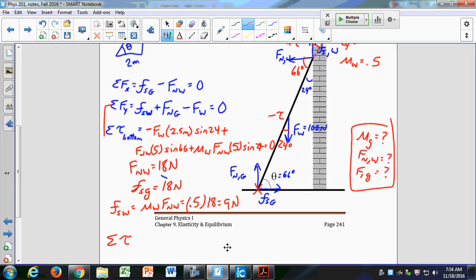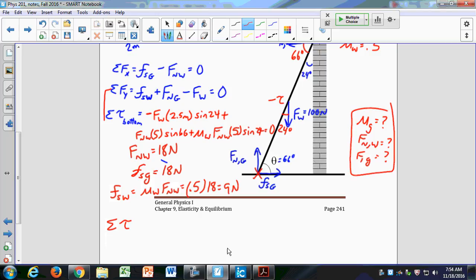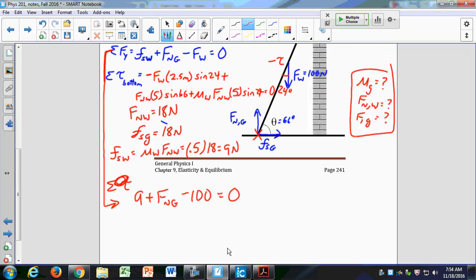All right, so that's our FSW. Now we're still looking for mu G. Well, I still have to find FNG. And so now I know that since I know the sum of the forces in the y is this, I can say 9 plus FNG minus the weight, which is 100. That's equal to 0. So FNG is equal to 93 newtons.